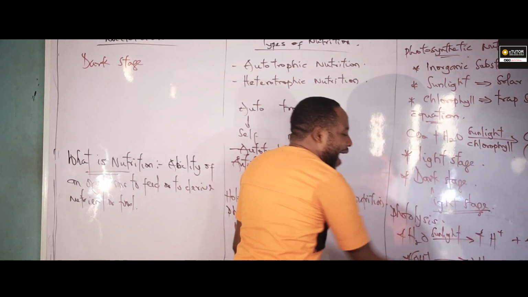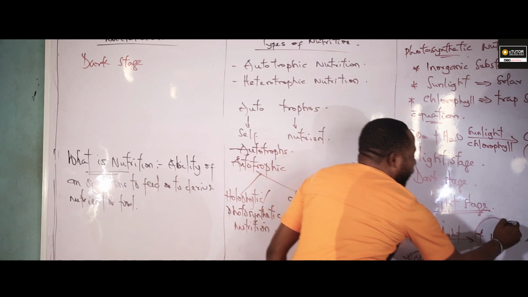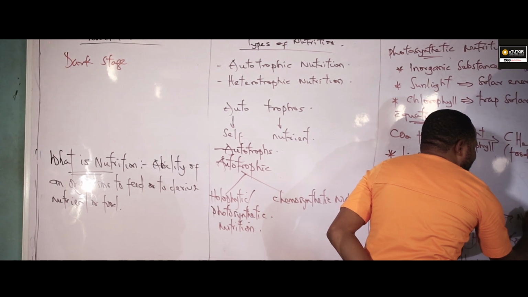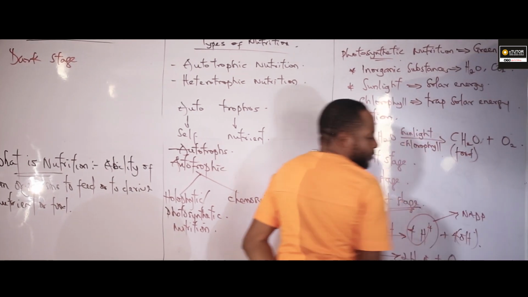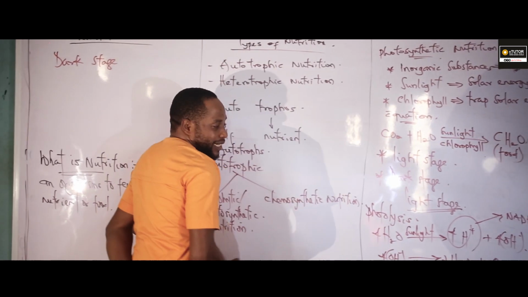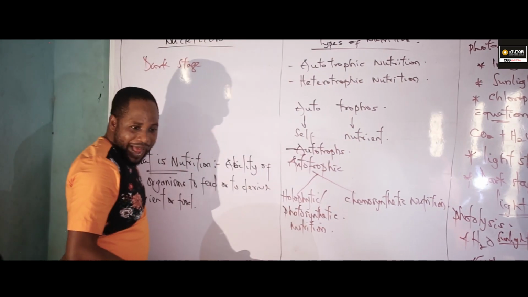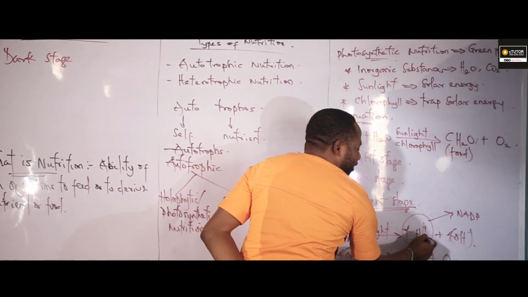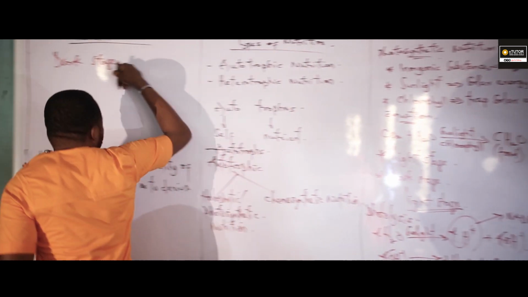oxygen gas. The hydrogen ion will be picked up by an enzyme or a carrier. We call it NADP, nicotinamide adenine diphosphate. This enzyme will pick up the hydrogen ion and bring it to the dark phase.